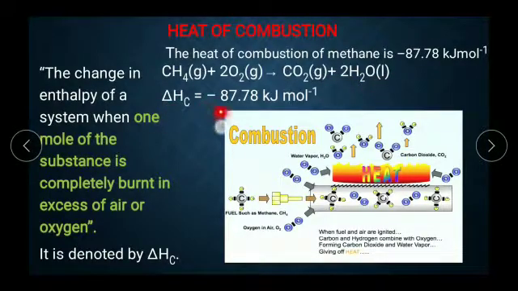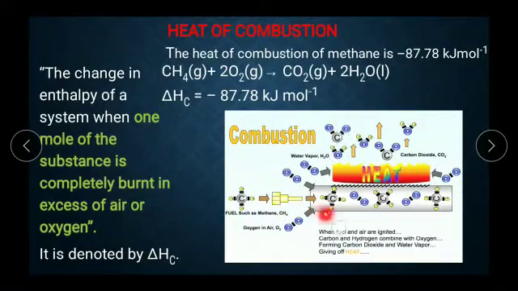So ΔH_C is minus 87.78 kilojoule per mole. That is an exothermic reaction. We already know that an exothermic reaction means the ΔH value is negative. So the heat of combustion of methane is exothermic.